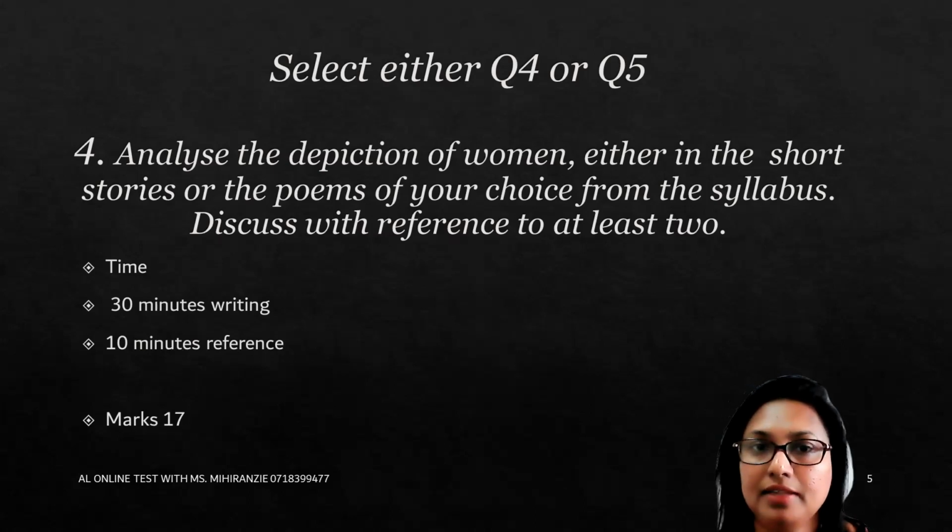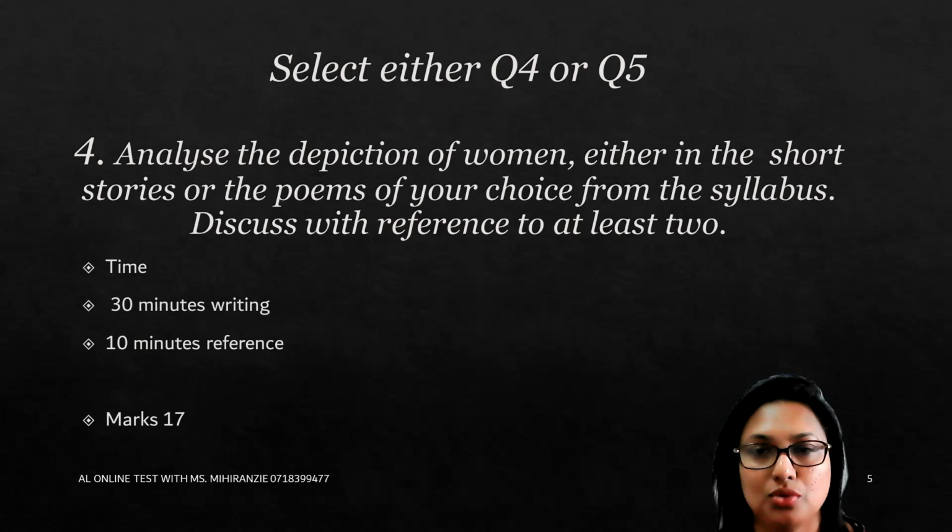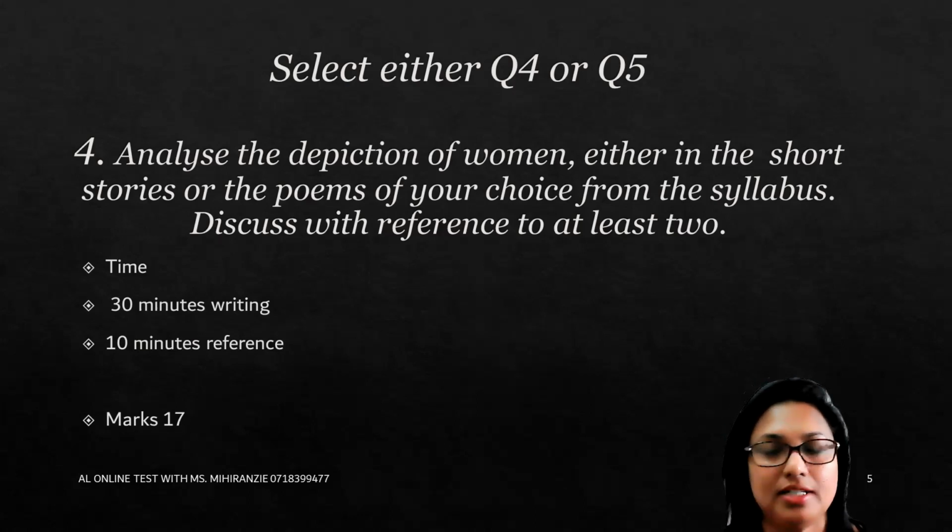Okay, and remember there is another important feature: discuss with reference to at least 2. So you have to select 2 short stories or 2 poems in order to discuss the depiction of women. So select one feature and elaborately discuss that, right?